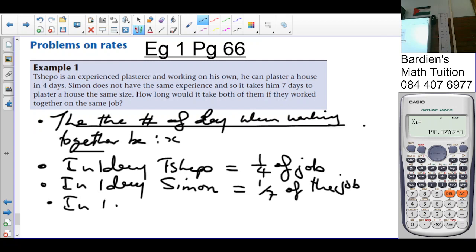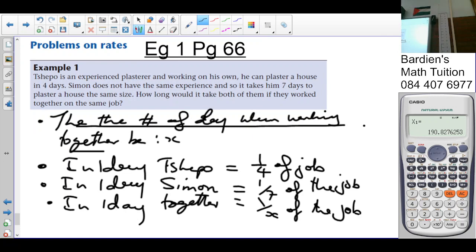In 1 day, together, they will finish. If they finish the job together in X amount of days, then in 1 day they will finish 1/X of the job. Not so?